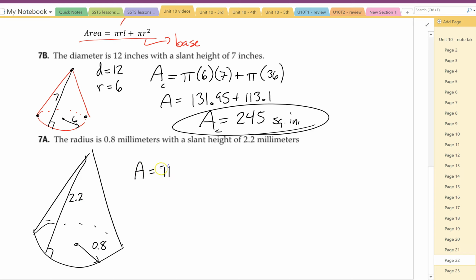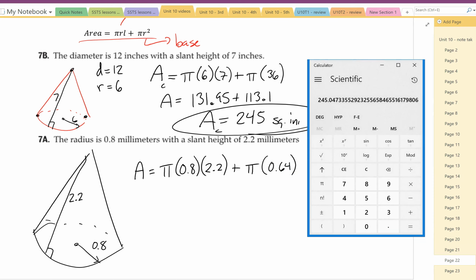Area equals pi times the radius times the slant height plus pi times 0.8 squared. Actually, I should just write that out. 0.8 squared is going to be 0.64. If you don't believe me, I'll show you. Okay, now we just need to go through and figure out what this actually is. So first part, pi times 0.8 times 2.2.